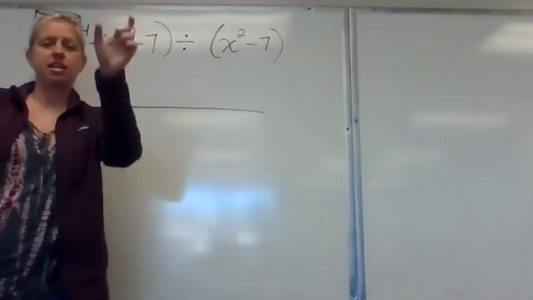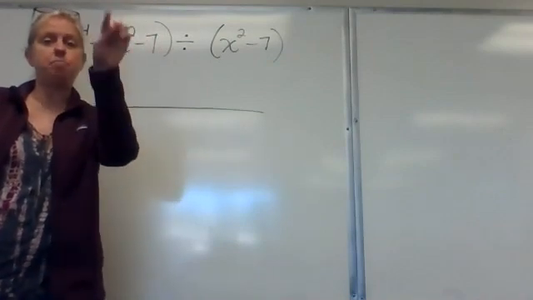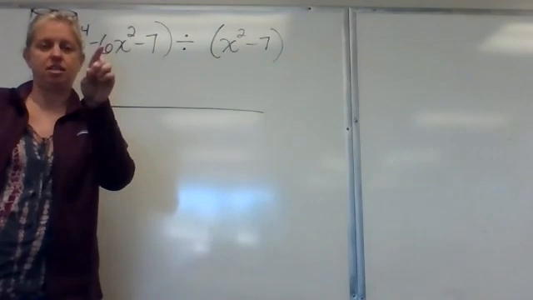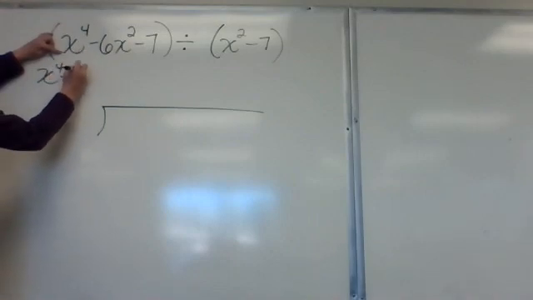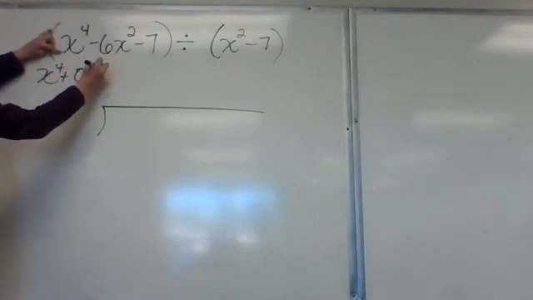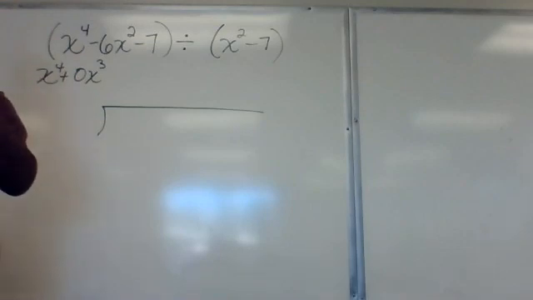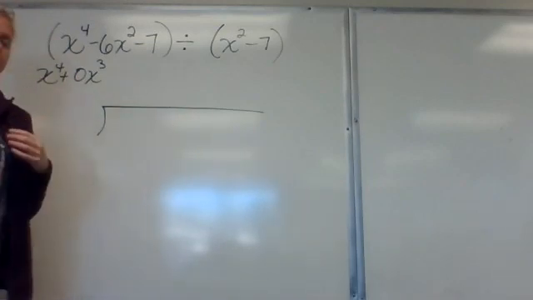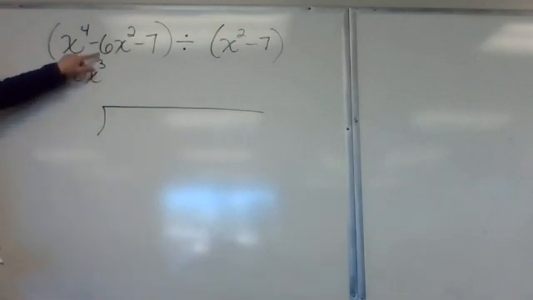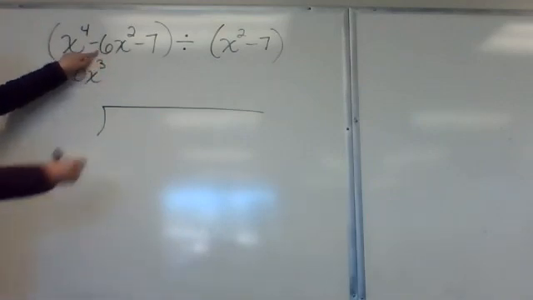So any term that is missing, I'm going to plug it in and put a 0 in front of it. So in other words, if I start with x to the 4th, and I don't have an x to the 3rd, I'm going to plug in a 0x to the 3rd. I don't want to have any missing terms when I'm doing this long division. So do I have an x squared? I do. So I can use this right here.